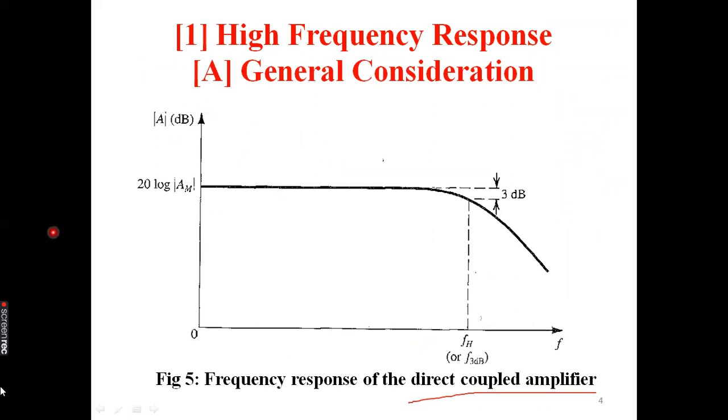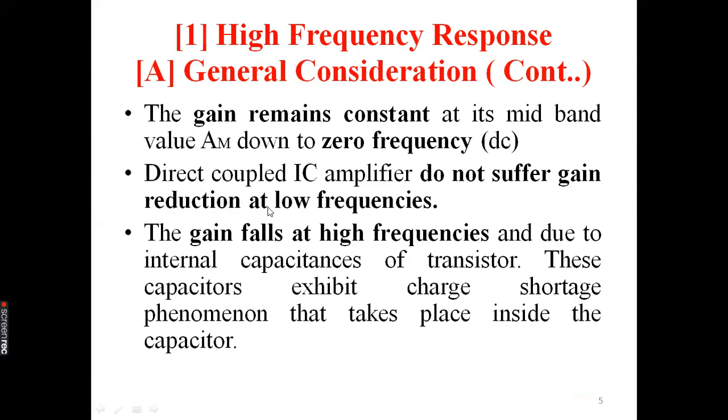Whenever we use capacitive coupling for the input and output, the gain may decrease early, that is, for low frequencies itself you can see a decrement in gain. But for direct coupling, the gain is maintained substantially constant over a wide range of lower frequencies. So the advantage of direct coupling is that it does not suffer any gain reduction at the lower frequencies.